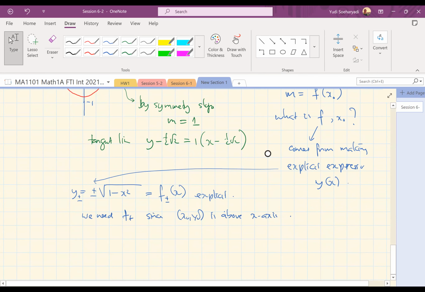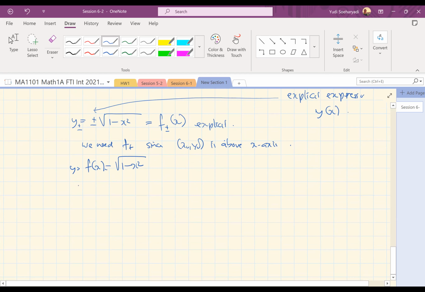Okay, so what we have here is that the slope is f prime of x, right? So let's compute this one. All right, how to compute this one? Well, remember the chain rule.